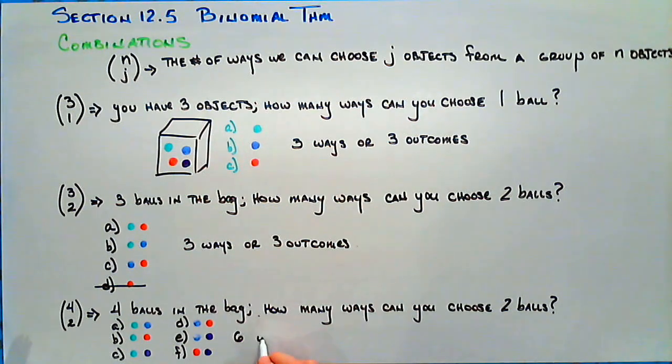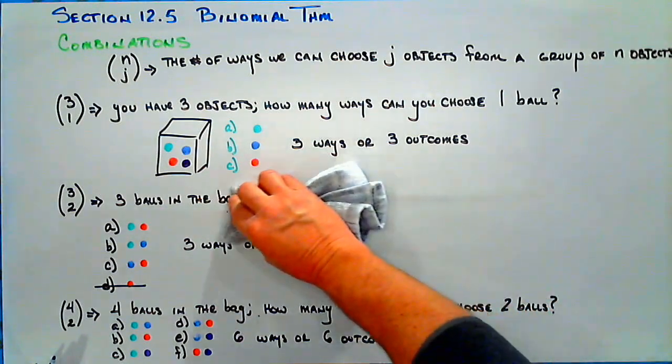Our answer is 6 ways, or 6 outcomes. All right. Now, I promised you that this was going to get us somewhere. So let's keep this in mind. 6 ways. And let's clear some space here.